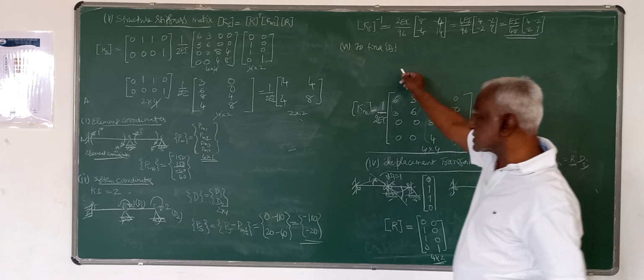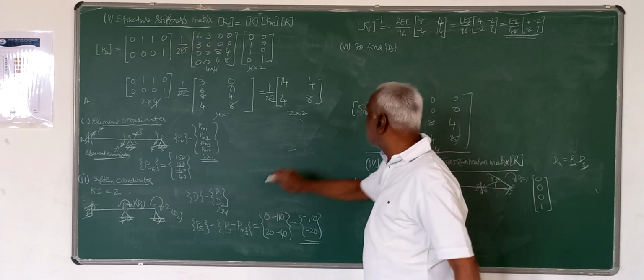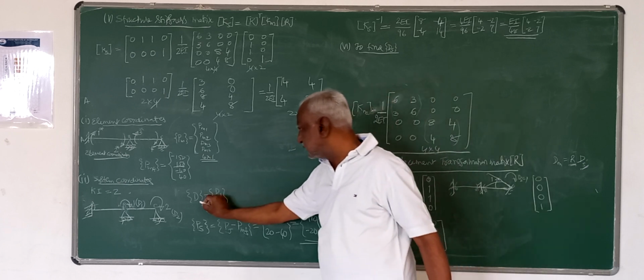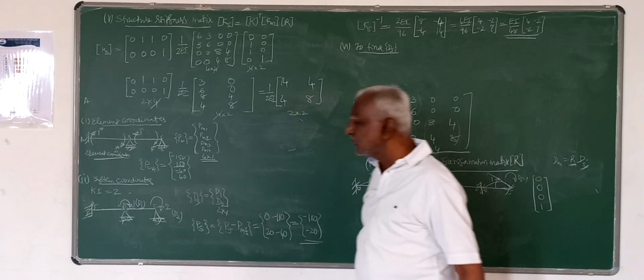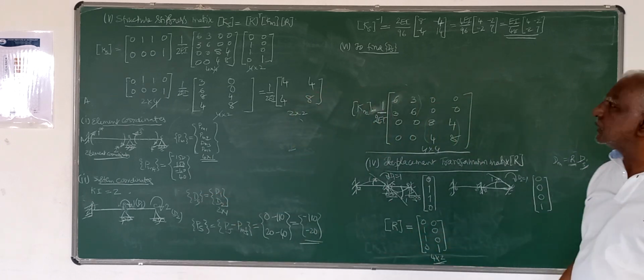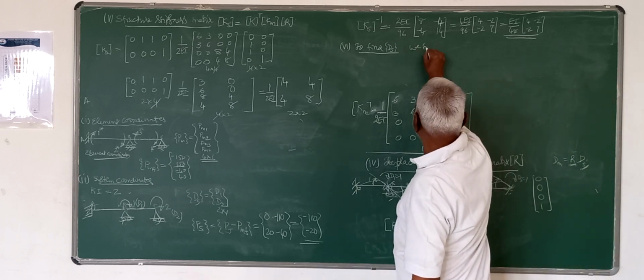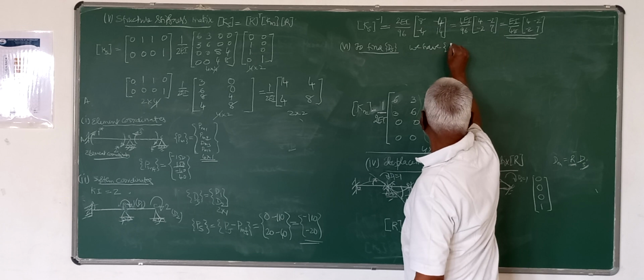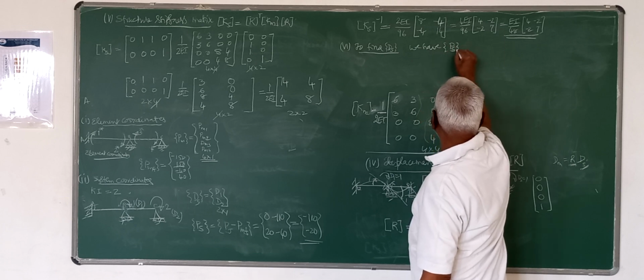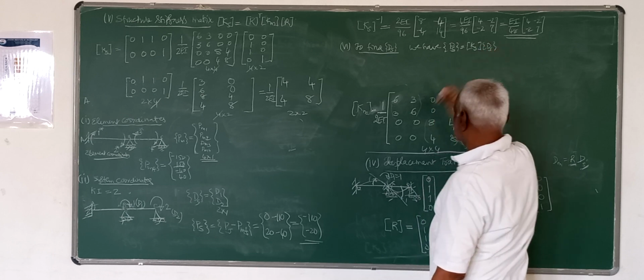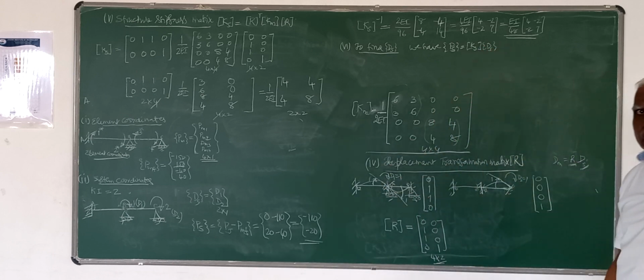So here, the sixth step, I recommend is to find Ds, that is D1, D2. Ds is equal to D1, D2. That I have got. So for this, we have the force displacement relationship. Ps is equal to Ks into Ds. That I have already told using the principle of contragredience.